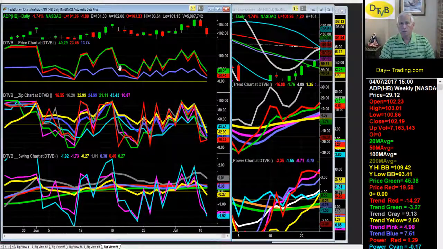When the price goes up, these lines go up, all 5 of them. They simply move together. And like I say, we have one on the zip chart and one on the swing chart, just to identify issues that we need to recognize when cycles are changing.